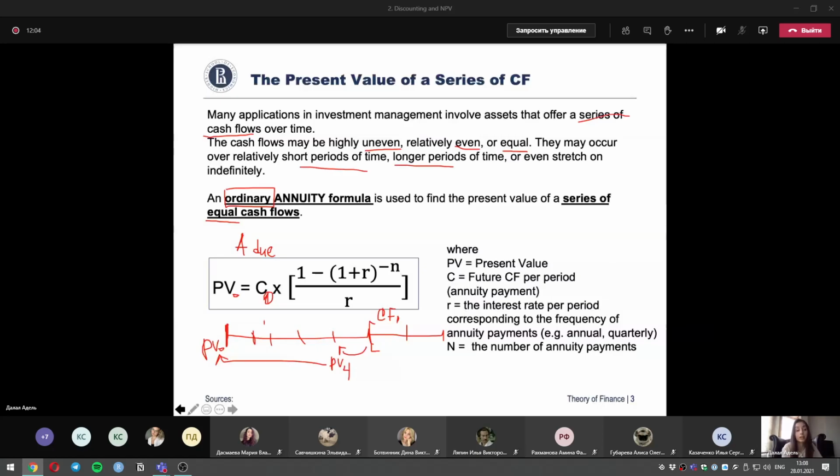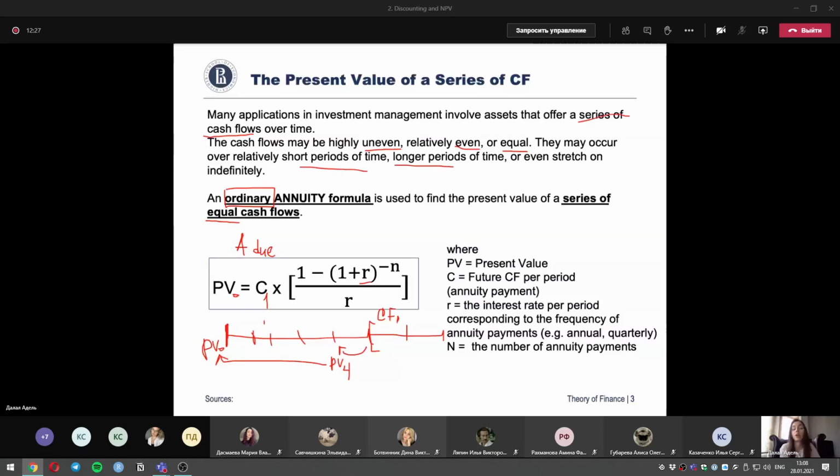Okay, so as the elements of an ordinary annuity here, we need to know the annuity payments, and we need to know the discount rate. Again, the discount rate has to be a periodic discount rate. It doesn't have to be an annual discount rate. It should correspond to the cash flow you receive.